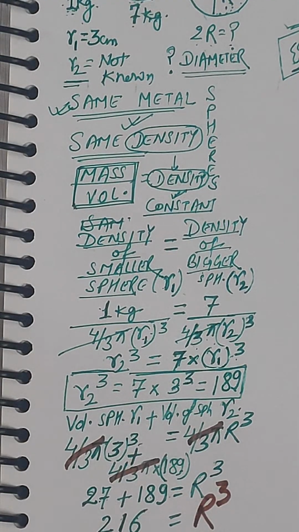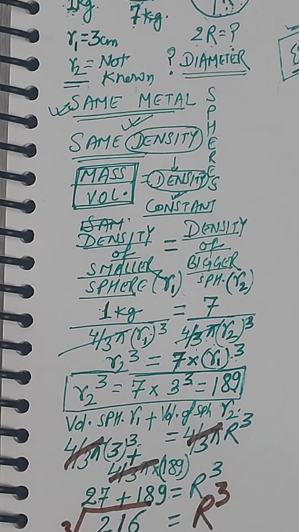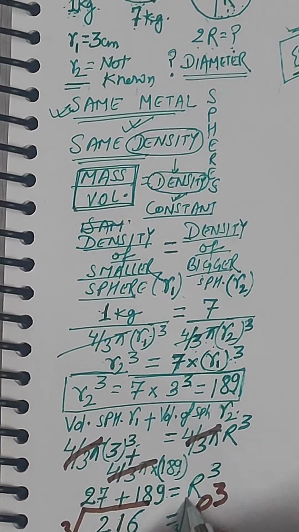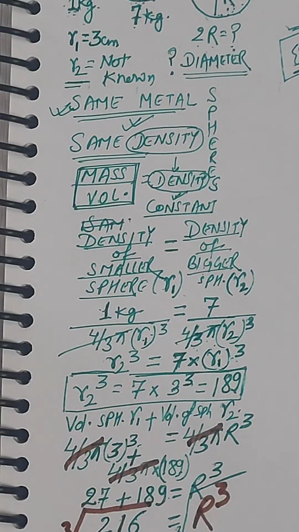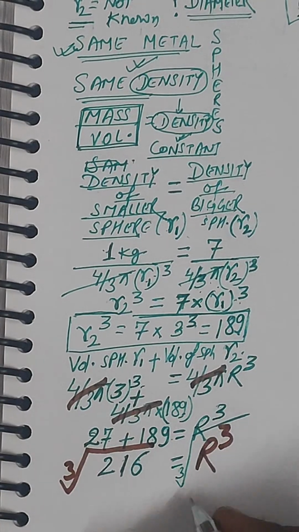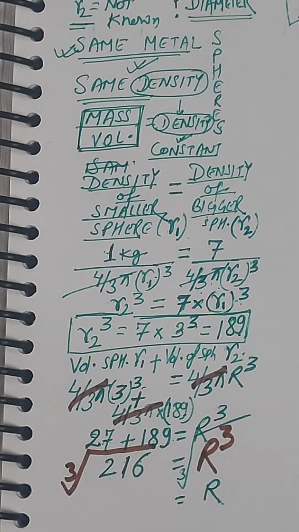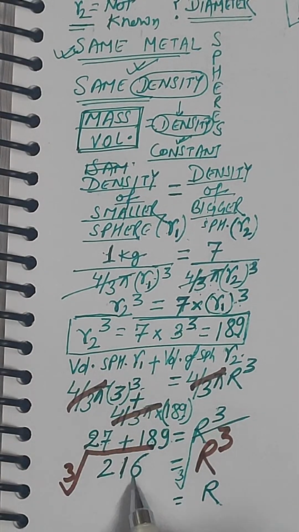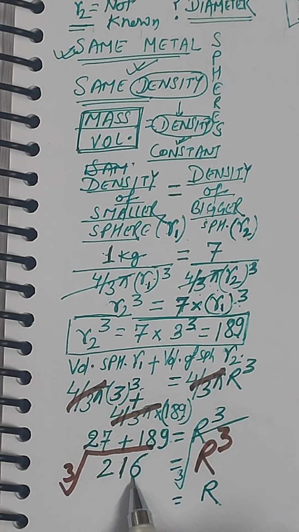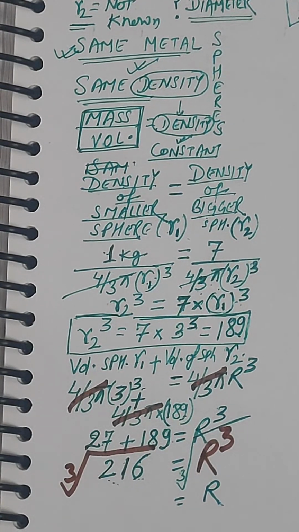Now just take the cubic root of the LHS and also the cubic root of the RHS. Then we will have capital R equal to the cubic root of 216. What is the cubic root of 216?